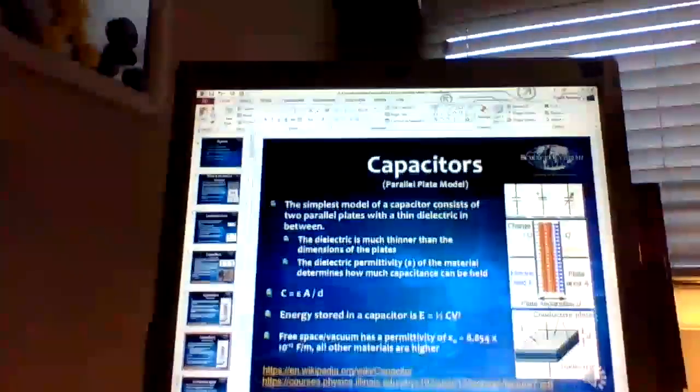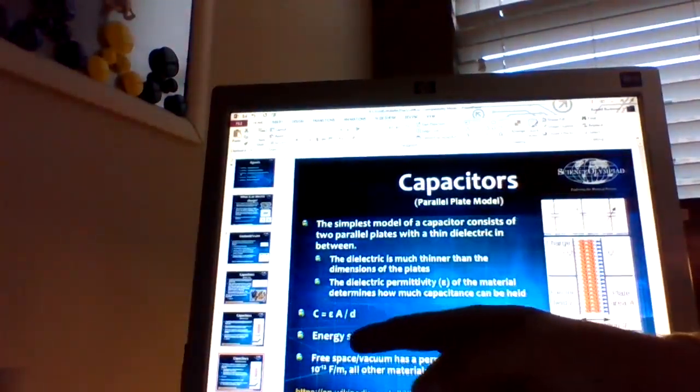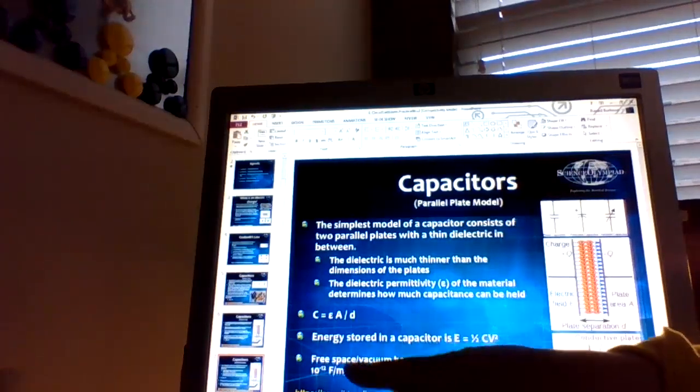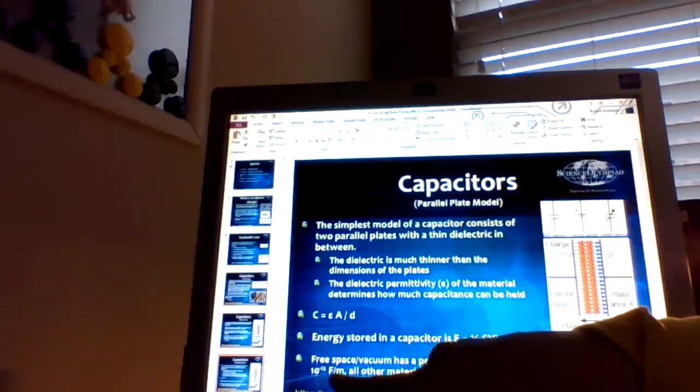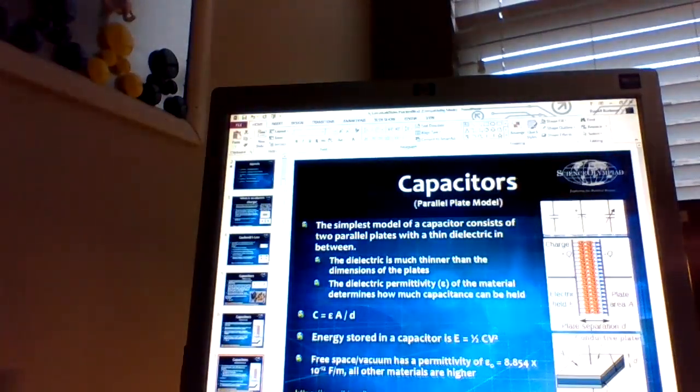Okay, so that one there is C is equal to epsilon A divided by D. It's very important that you make those epsilons correctly because they can sometimes look like an E. Okay, and keep in mind that since it's in the air, the epsilon is equal to 8.854 times 10 to the minus 12 farads per meter. This is again something that you're going to want to have written in your binder.